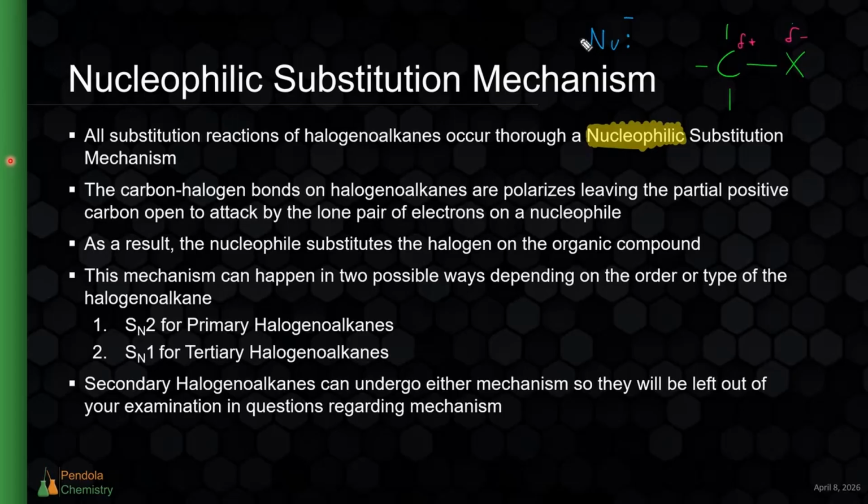This Nu could represent the hydroxide ion if we're using an alkali, the cyanide ion if we're using potassium cyanide, or even ammonia if we're using ammonia as a reactant.